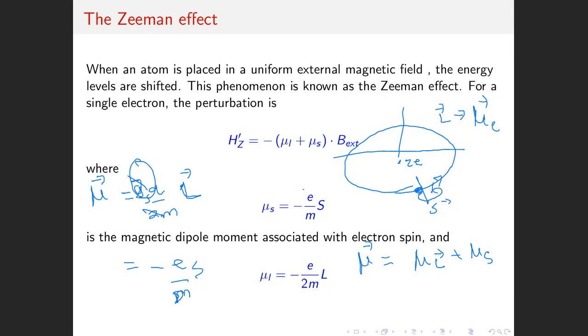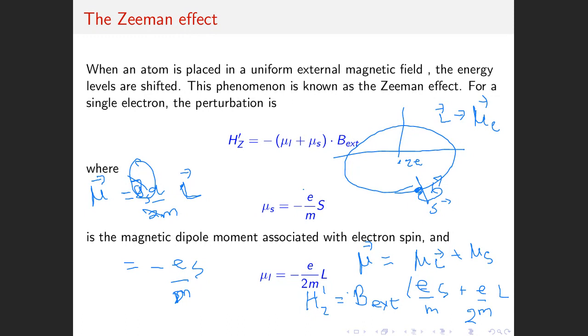So when you write everything down, you have H = -μ·B. This will give you Hz multiplied by e over m s plus e over m L, with a minus sign, and this has a 2.